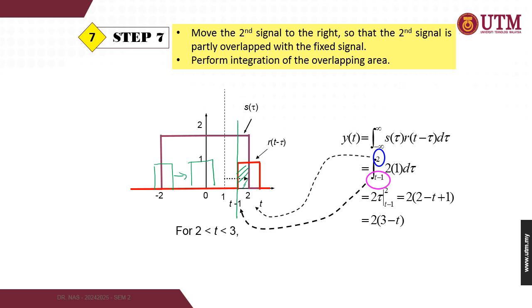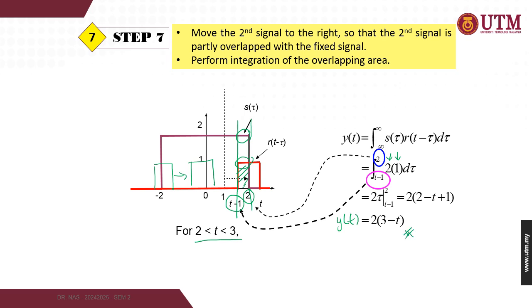So now the overlapping area is between t minus 1 and 2, where t minus 1 is less than 2. For s tau it is constant 2, and for r t minus tau it is constant 1. So you perform the integration. For this range, y t is equal to 3 minus t.